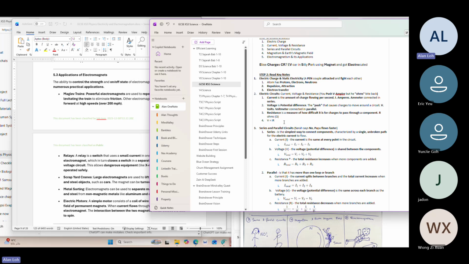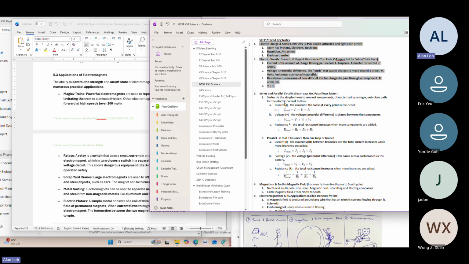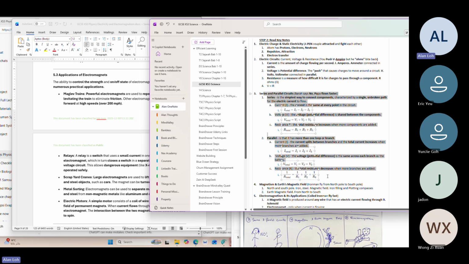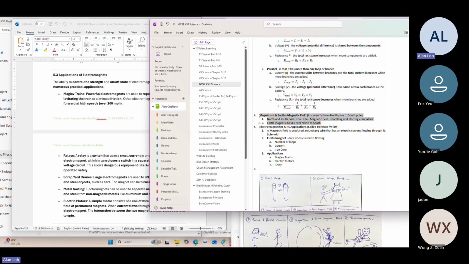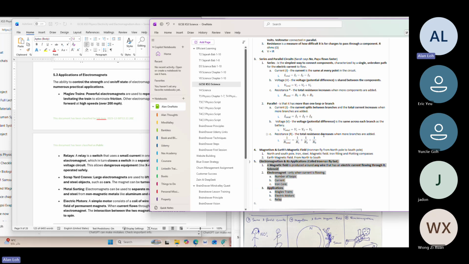So now we have completed 2 sub-chapters. Then number 3 is also the same drill. Number 4 is also the same drill. Number 5 is also the same drill. How long do you think you need to complete 3, 4, and 5?